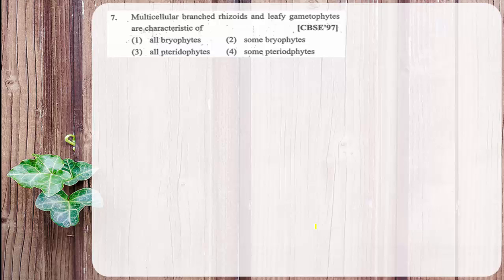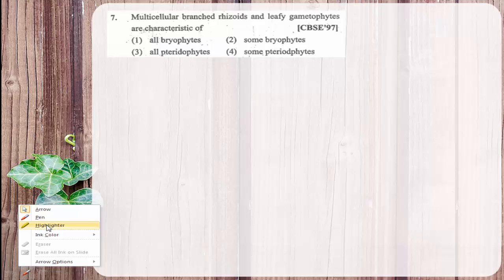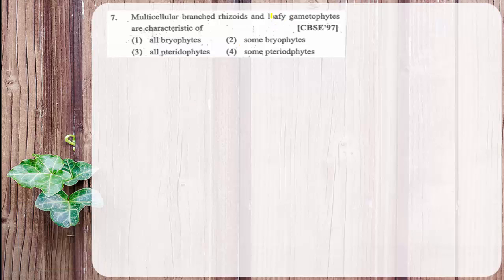Multicellular branched rhizoids and leafy gametophytes are characteristic of which group? The term given is leafy gametophyte, but again with branched rhizoids.